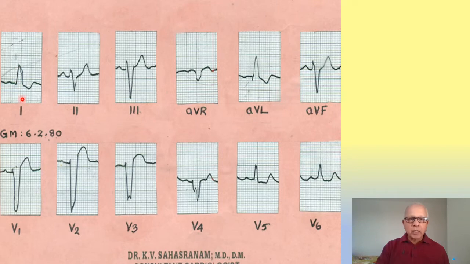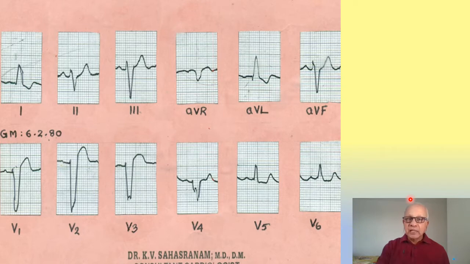Now, lead 1 and AVL both show positive QRS complexes, whereas lead 2, 3 and AVF show negative QRS complexes. So this RR prime pattern here in V1 and lead 1, and AVL indicate a left bundle branch block in this patient. So that is a confirmed point.